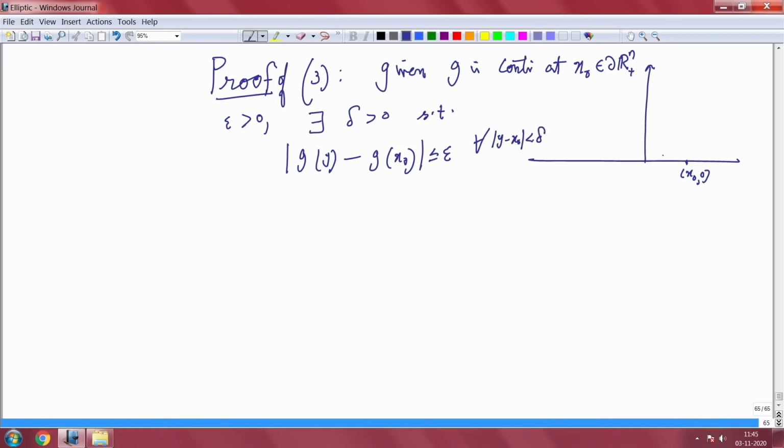So, you have a delta here and I call this set to be A, this interval, x naught minus delta to x naught plus delta, and the complement of it I call B.